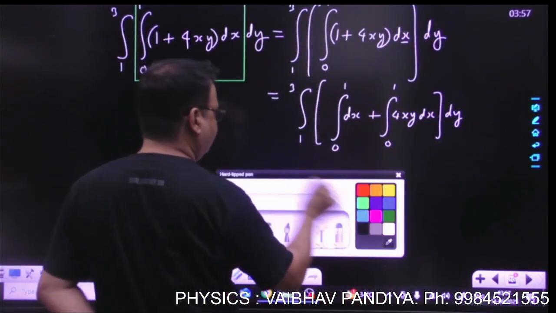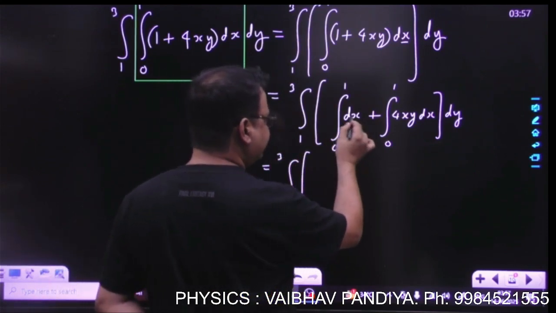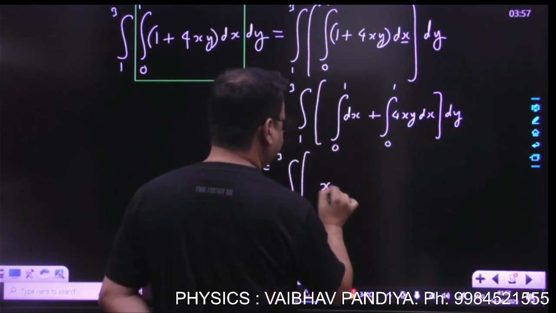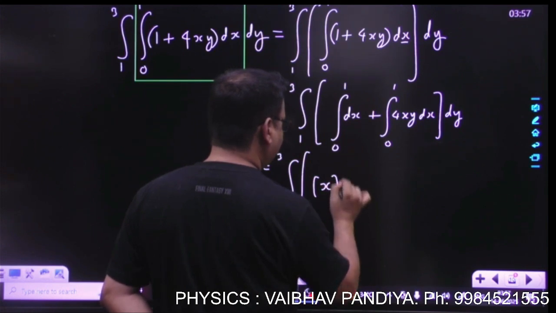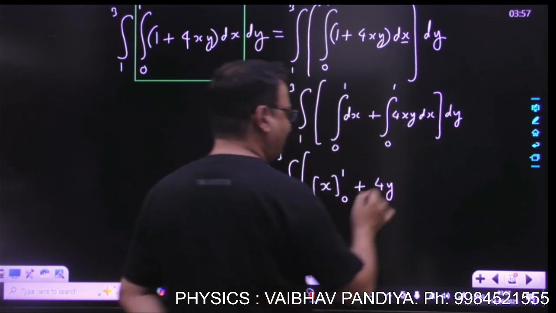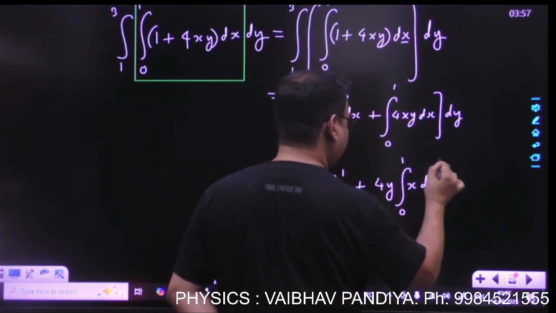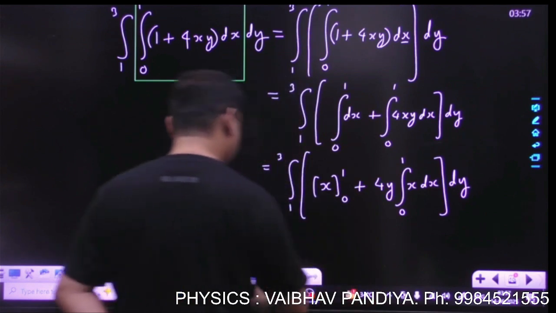So what I will get, 1 to 3. Now x is treated as a variable and there is nothing, so the integral will be x from 0 to 1 plus 4y will come out being a constant, and what is left is x from 0 to 1 dy.